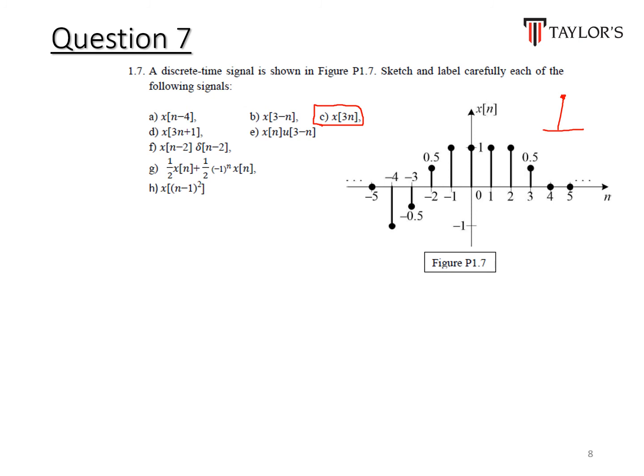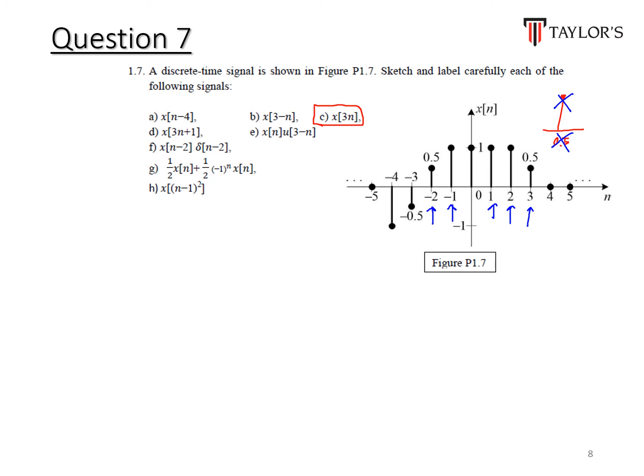For example, it might fall on 0.5. All these points, you need to cancel off. There's nothing that can fall on not a whole number. Everything must be a whole number: 1, 2, 3, and then -1, -2.